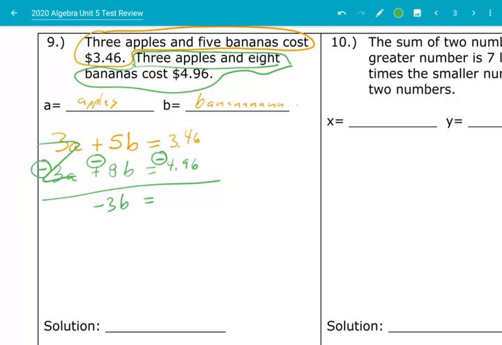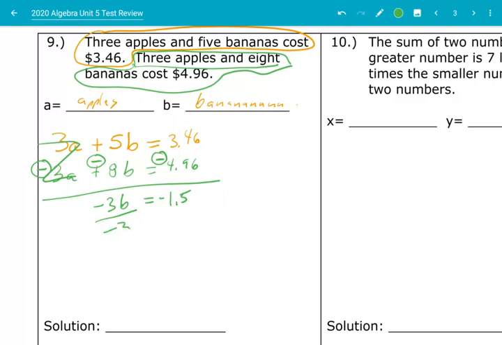496. I'm going to break out the calculator on my phone. Looks just like the good old TI-83 Plus. 3.46 minus 4.96 equals negative 1.5.